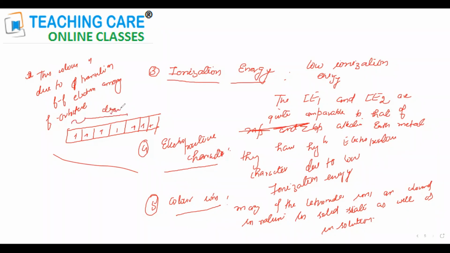So the electrons can shift from one to another, and while shifting they liberate a lot of energy, and this energy falls in the visible region of electromagnetic radiation. So they are basically colored in nature. Got it?